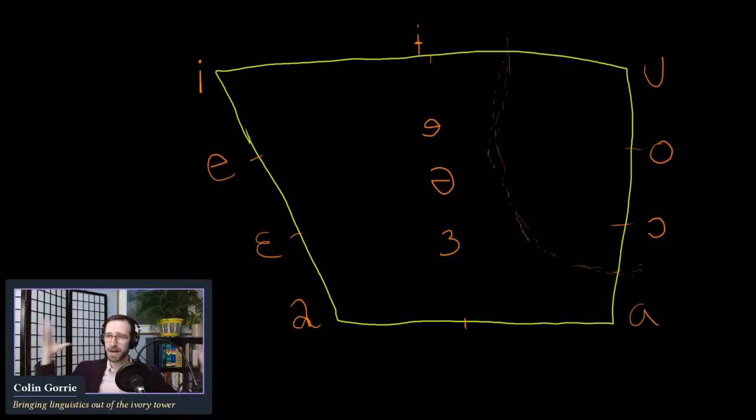So basically, when you encounter a language, you have to take its vowel inventory and assign symbols based on which of these cardinal vowels each is closest to. If you've used up the possible cardinal vowels, then you have to start assigning extra vowels.